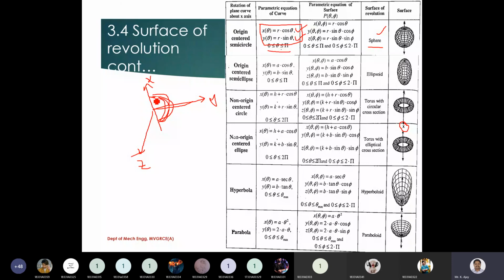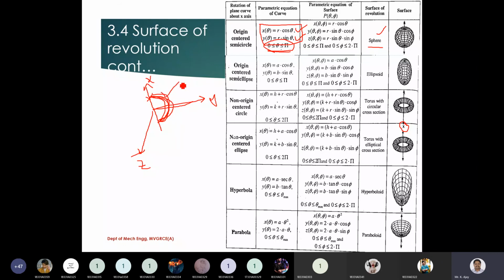Why? Because for a spherical surface, I just need to consider a semicircle. You don't need to consider the entire circle and rotate it. You just consider one semicircle and then rotate it by angle 2 pi. So for a semicircle, theta varies from 0 to pi only.